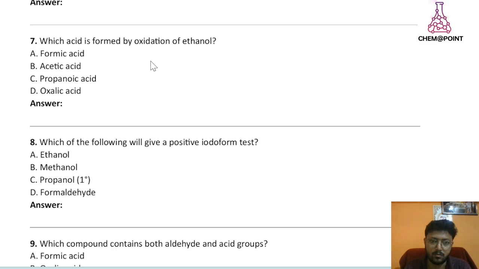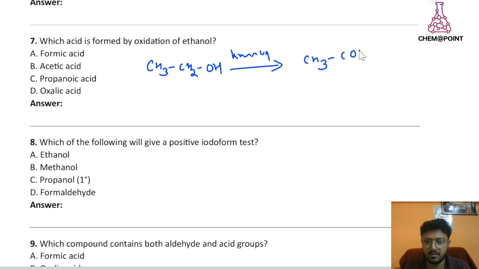What is the molecular formula of ethanol? CH3 CH2 OH. You put oxidizing agent, KMnO4, it gives CH3 COOH. Okay, it is acetic acid. It is what? Acetic acid.